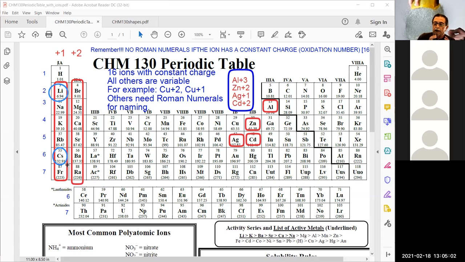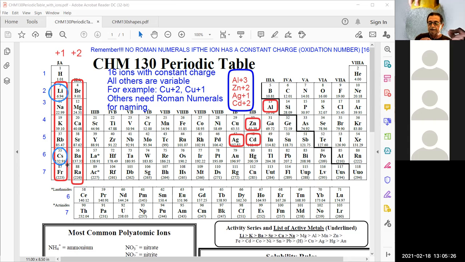So the amount of force necessary to hold on to that single electron, that attraction between the electron and the nucleus, for cesium stands to reason it is much less, simply because it's further away than lithium, whereas that single electron for lithium is much closer.